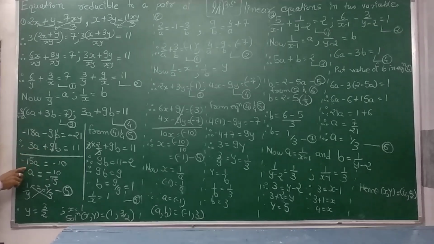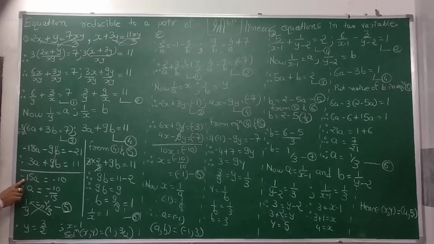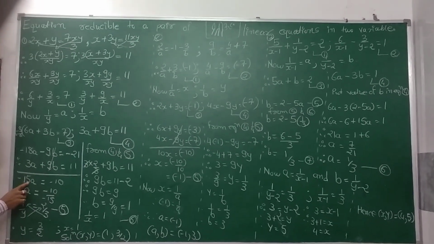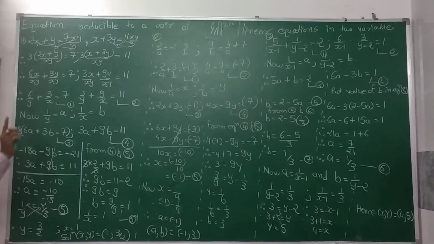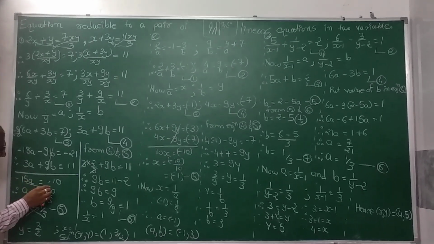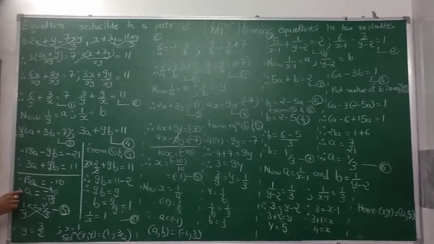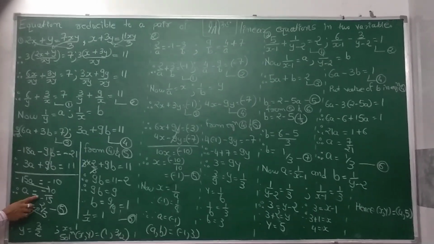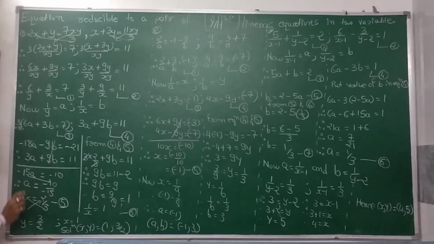We cancel, and at the end of the cancellation and simplification, minus 15a is equal to minus 10. So this 15 goes to division, that is a is equal to 10 upon 15. So a is equal to 2 upon 3.